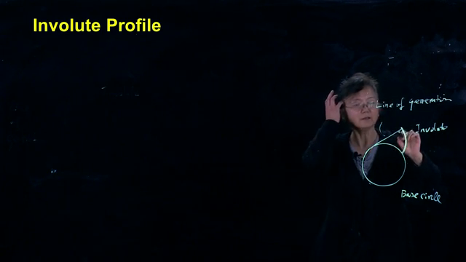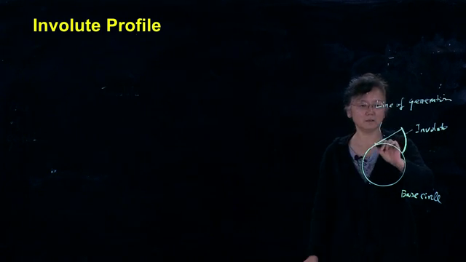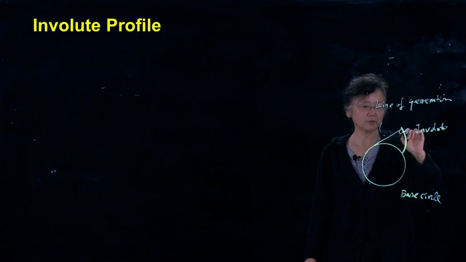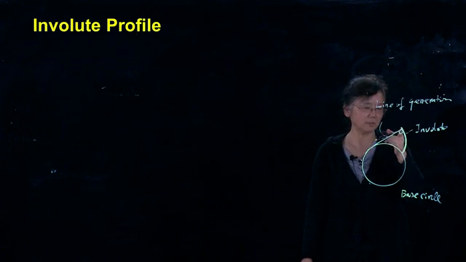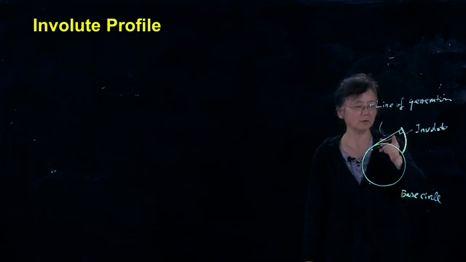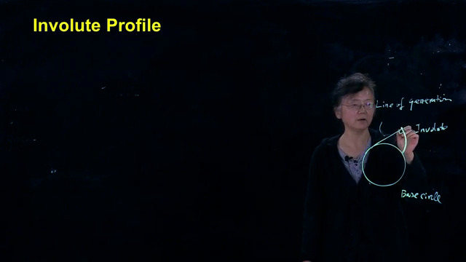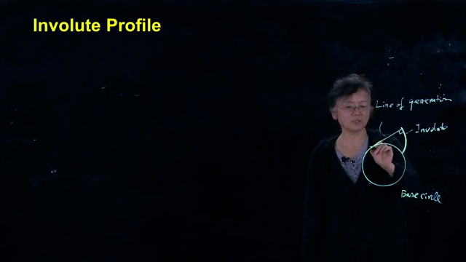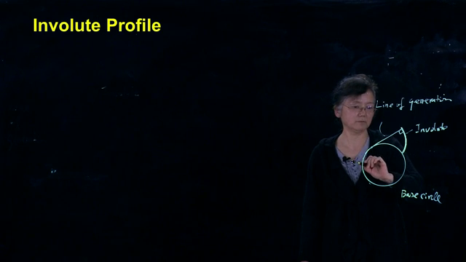Okay, and then currently, the line of generation is perpendicular to the involute we just made. This is a typical location. Basically, at any location, we have this relationship. And also, this line of generation is tangent to the base circle. Okay, if I make a radius, it has to be perpendicular to it.